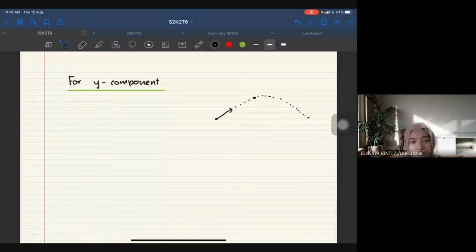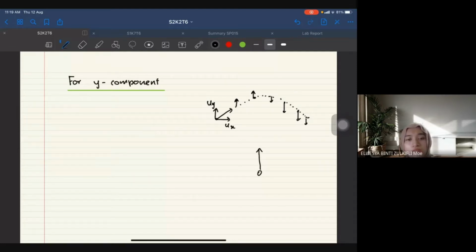Like I told you previously, we need to treat X and Y separately. So over here, you have a Uy. Now it's going downwards, and it's increasing, and increasing. So for the Y component, walaupun dia bergerak ke depan like this, you can basically assume it is the same motion as an object thrown straight upwards.